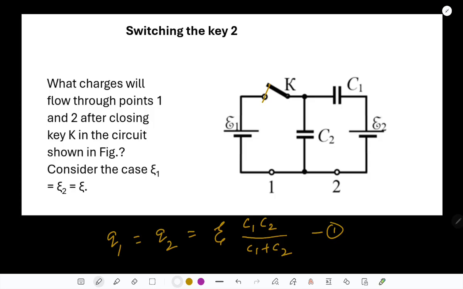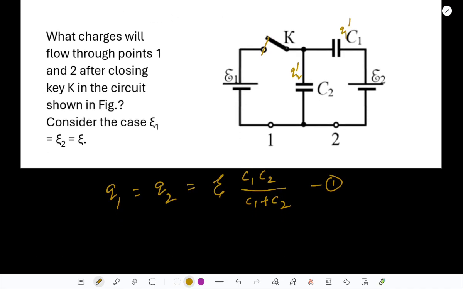the new charges on the capacitors will come, and suppose in this case capacitor C1 has a charge Q1 dash, and capacitor C2 has Q2 dash. Then I think we can write some circuit equations.